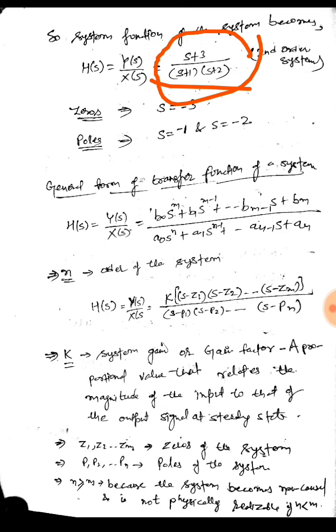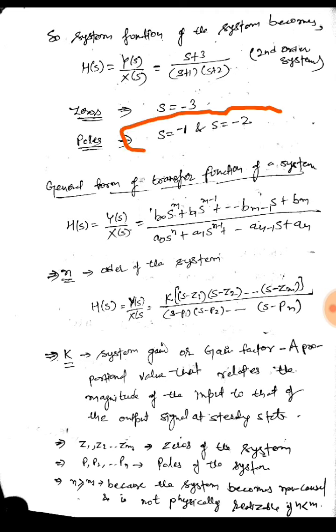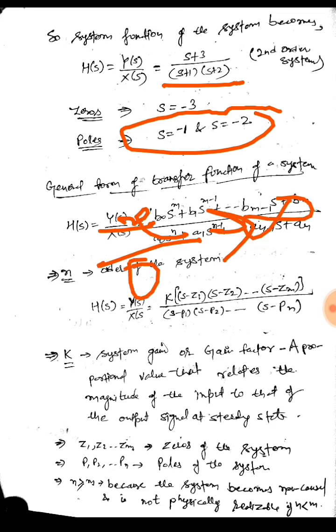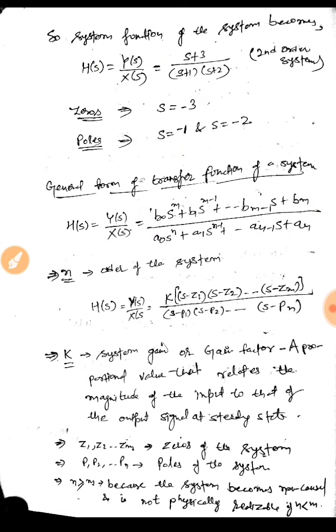So we would calculate zeros from the numerator of the transfer function, while poles are the values of s for which our system becomes infinite. Since if I take s is equal to 1 in the denominator, it becomes 0, and something upon 0 would be infinite. So in this case it would be s plus 3 divided by 0, so it would be infinite. So zeros are the values for which the transfer function becomes 0, and poles are the values for which transfer function becomes infinite.